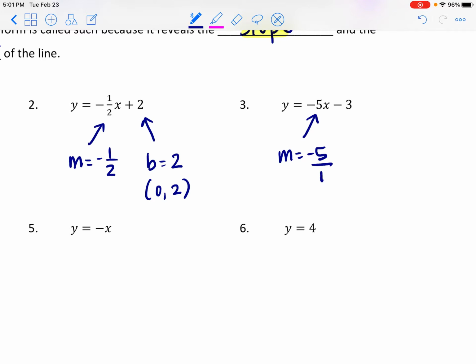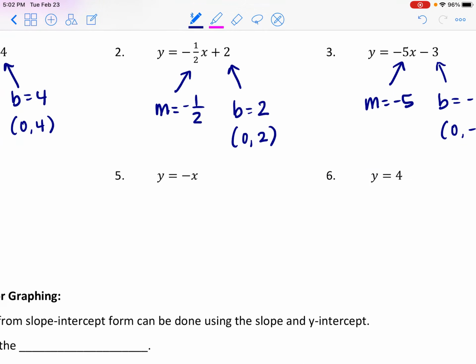As a fraction, that would be negative 5 over 1. And so to get from any one point to the next on this graph, I would go down 5 and right 1. And then here, I can see my y-intercept is negative 3, which means this would cross the y-axis at 0, negative 3.